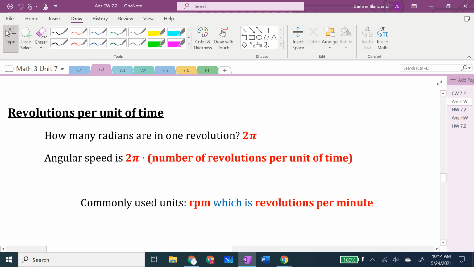So 2 pi multiplied by those number of revolutions per unit of time gives you your angular speed.